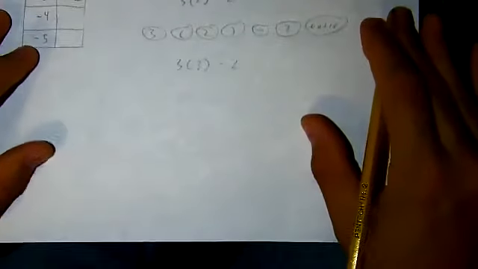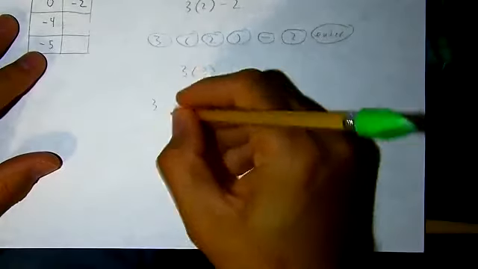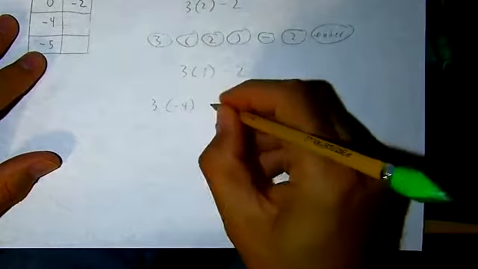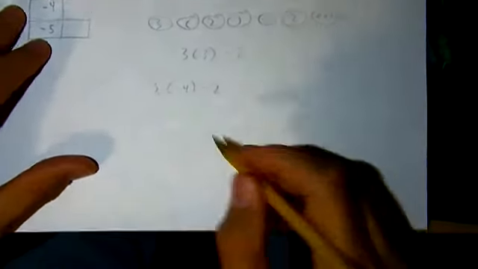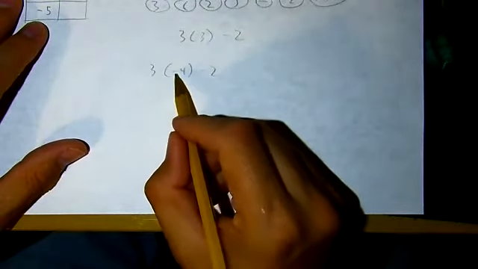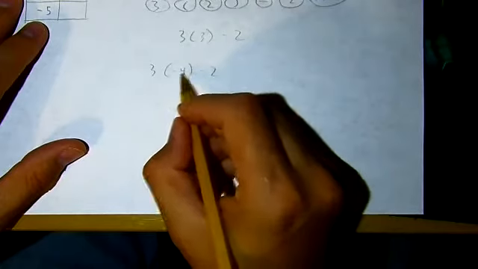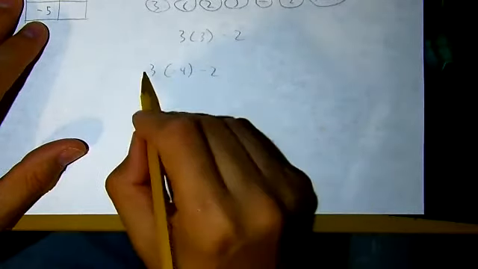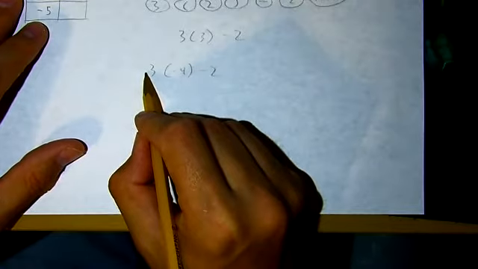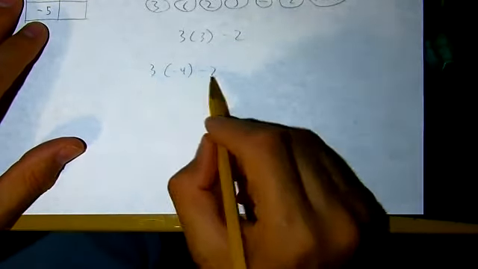Next number is -4. So here's where it might get a little complicated. When you're entering this on the calculator, if it's a number in parentheses like this by itself, or if it had a negative in front of the first number, you always have to use the negative key, not the subtraction key.